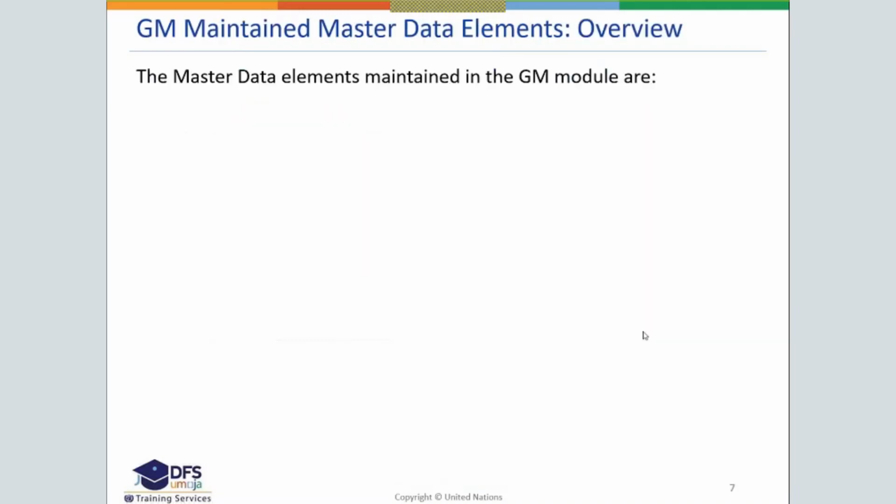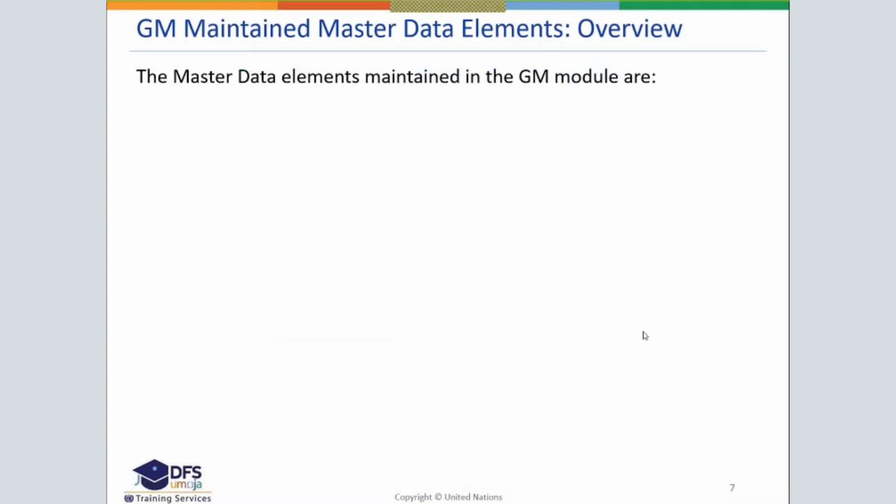And let's see now the master data related to this grants management module, the main master data elements. You know that the aim of this grants management module is to capture the details of the donor agreement in the system.